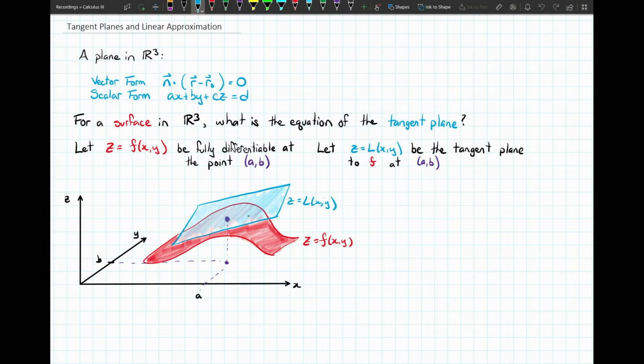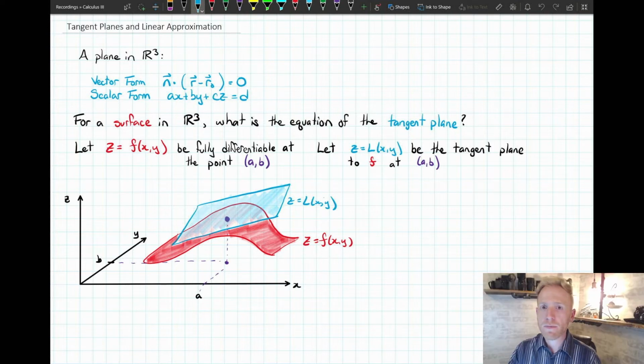Now, we need to make this blue plane tangent to the red surface so they have the same slopes in the x and y direction. Essentially, they have the same partial derivatives. Now keep in mind that this is a tangent plane. It goes off forever. And there's a pretty good chance that that blue tangent plane is going to intersect with the red surface somewhere else in 3 dimensions.